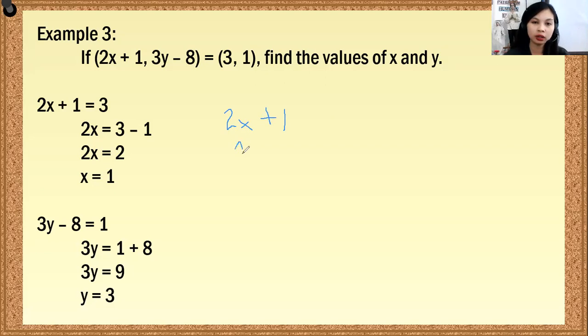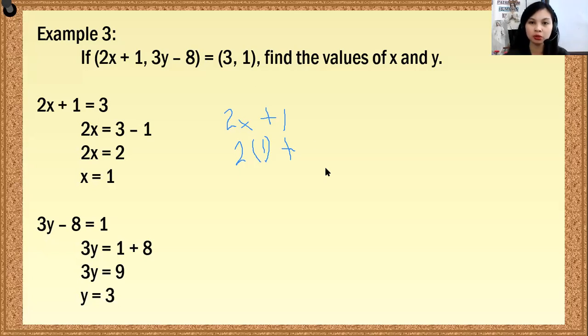So, ang x natin is 1. Substitute siya dito. 1. Pakiintindi nilang ang sulat, ha? Plus 1. Okay, ayan. Ayan po siya.